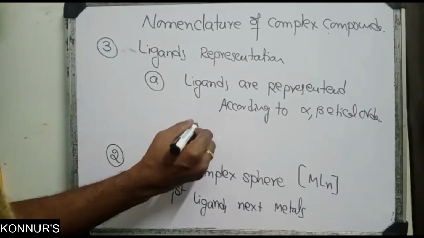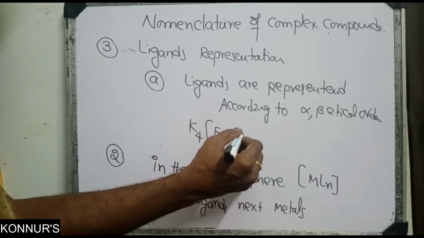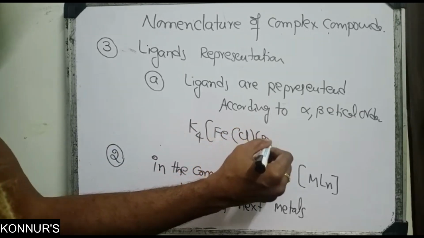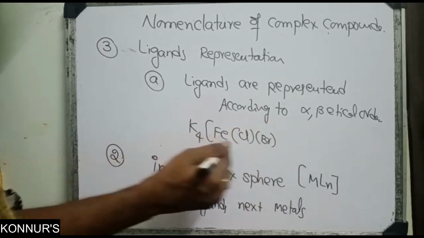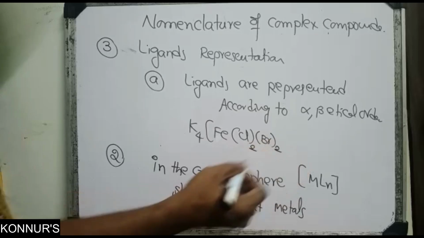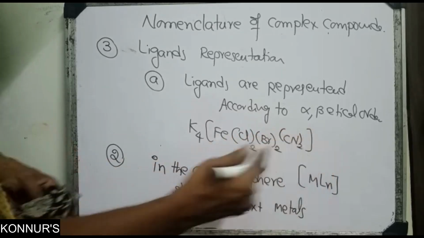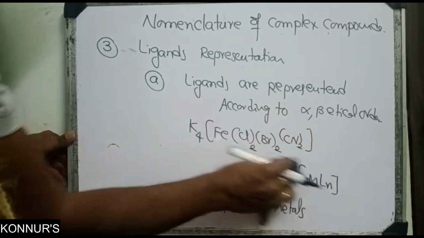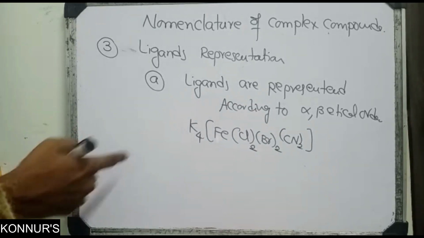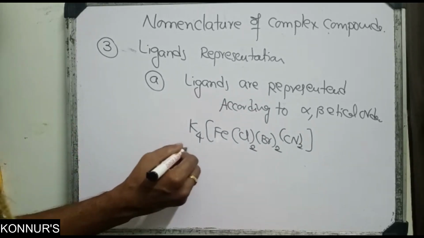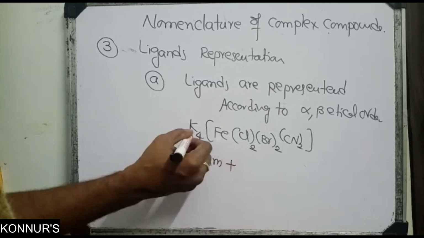Say suppose you take K4[FeCl2Br2(CN)2], with CN taken twice. First it starts with potassium, which is positive.